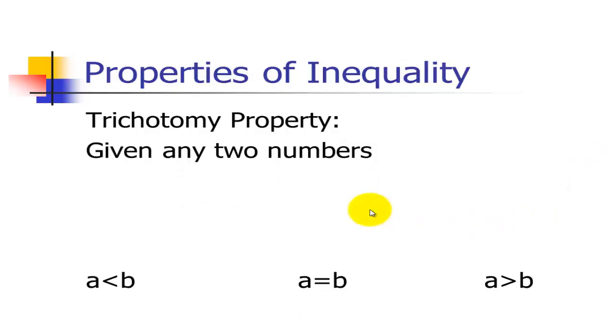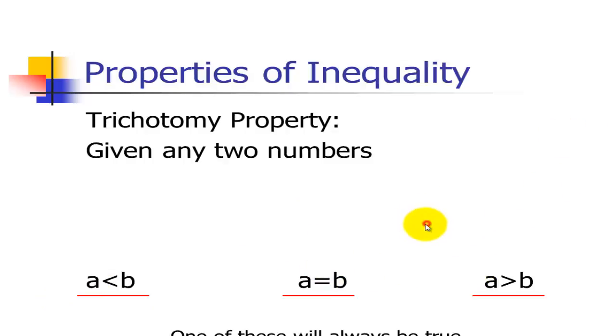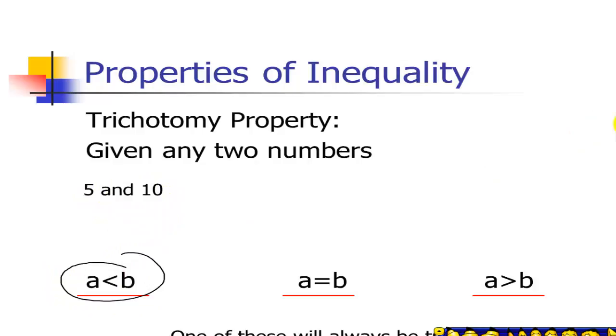So here's an example of the trichotomy property. Let's have two numbers. Given any two numbers, one of these will always be true. So let's say we have 5 and 10. We know that 5 is less than 10, so this one is true.